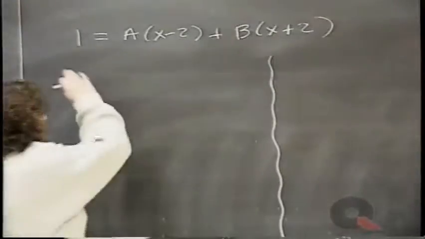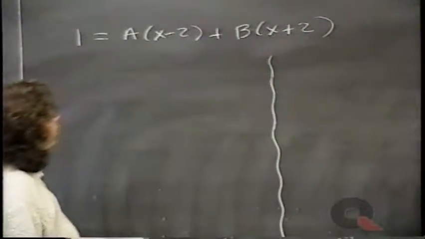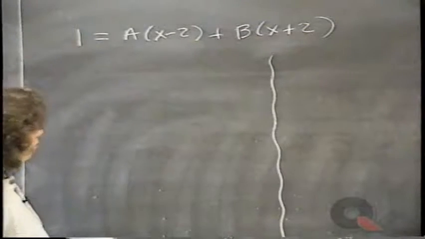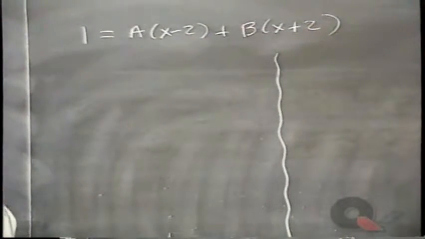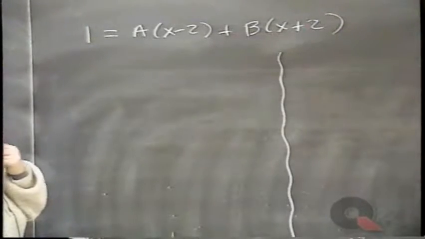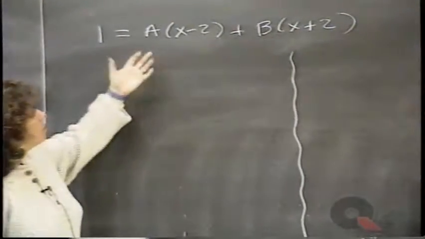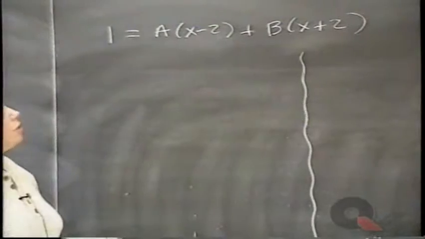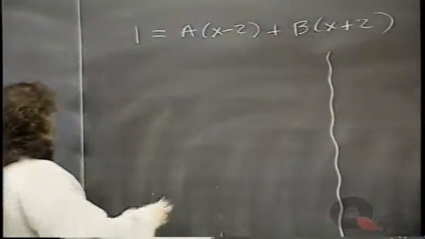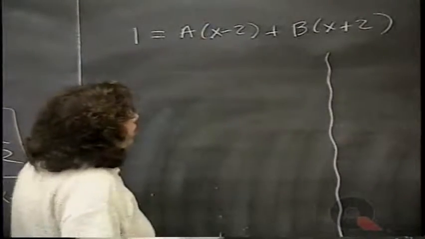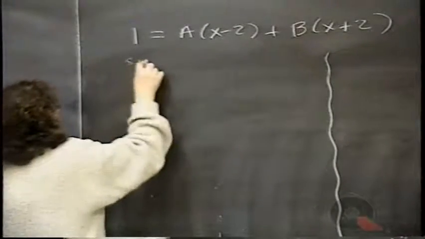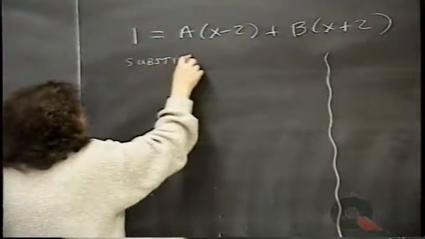You go through this expression and you pick values for x which look convenient, to solve for A and B. You need to pick two different values for x, so you'll wind up with two pieces of information to determine A and B. In a problem like this, when you have linear, non-repeated factors, the substitution method is a good choice.